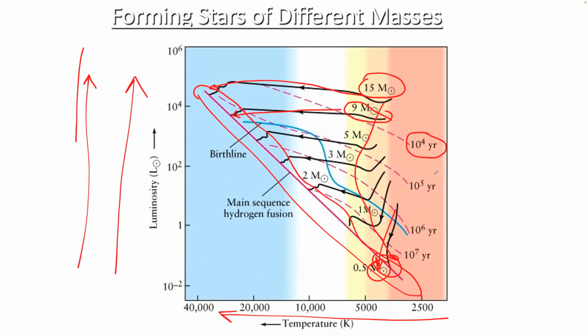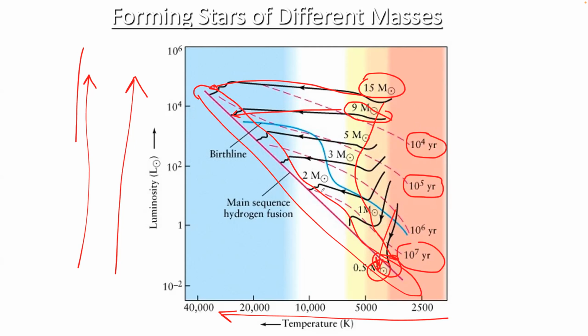So that's what this number tells you. It is 10 to the power 5 years when you go into this little bit lower mass stage. But if the mass is really low like this, around 0.5 solar mass or so, then it would take more than 10 to the power 7 years to enter into the main sequence, right?